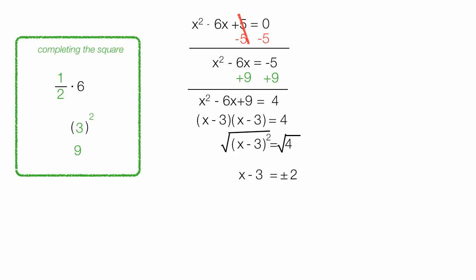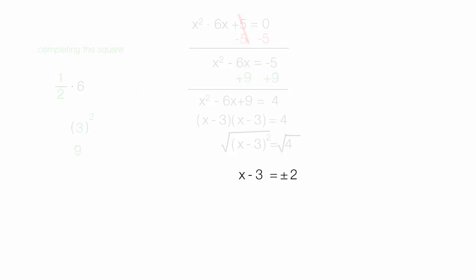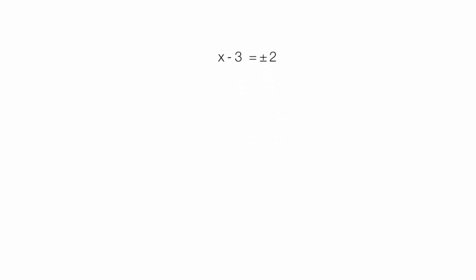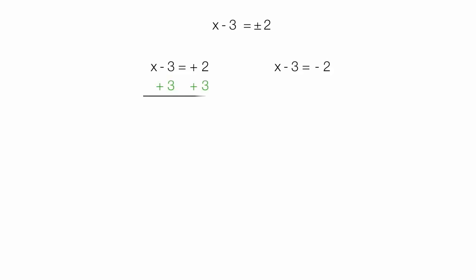In this case, I'm going to take this equation and solve for x. The first thing I do is separate it into 2 different equations like this. I add 3 to both sides of the equation, those 3's cancel out, and I have x is equal to 5. I add 3 to both sides of this equation, and again those 3's cancel out, and x is equal to 1.